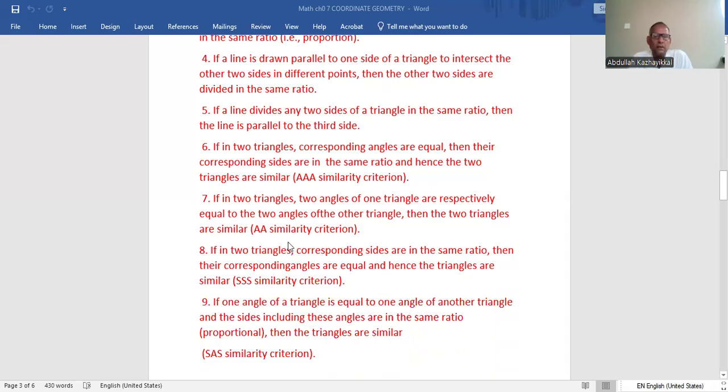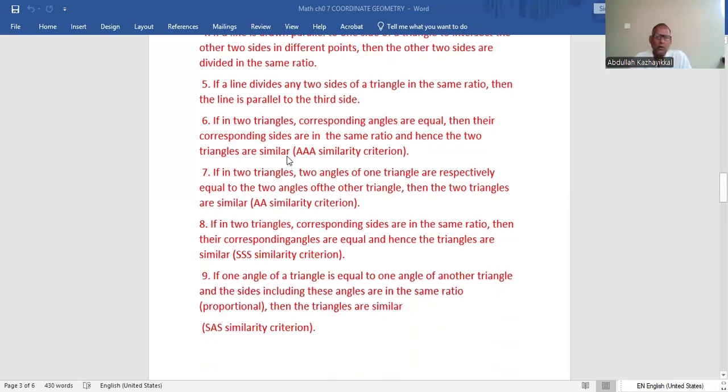Sixth one. If in two triangles, corresponding angles are equal, then their corresponding sides are in the same ratio and the two triangles are similar. You can write this one, I told you, no need of that similarity.